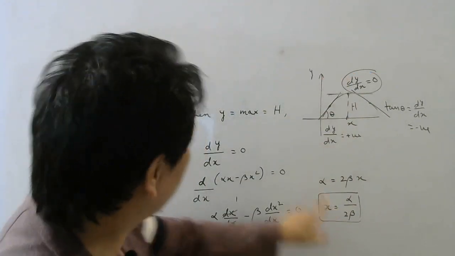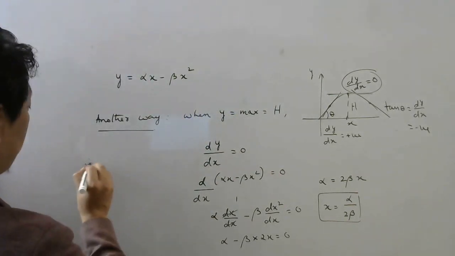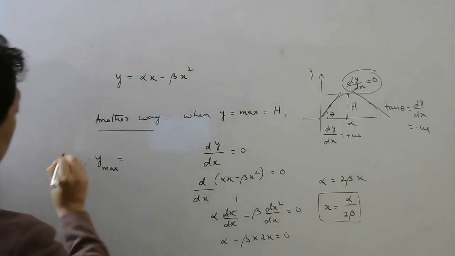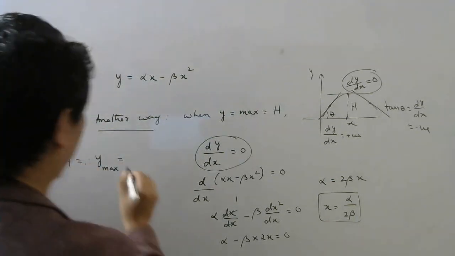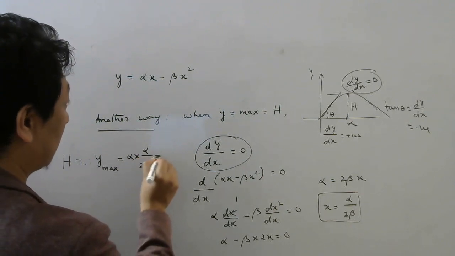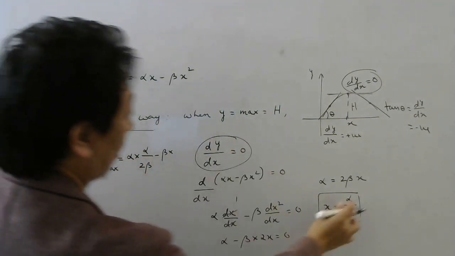So just substitute this x here. Therefore y maximum, which is your maximum height, is alpha into alpha by 2 beta minus beta into alpha square by 4 beta square if you square this.